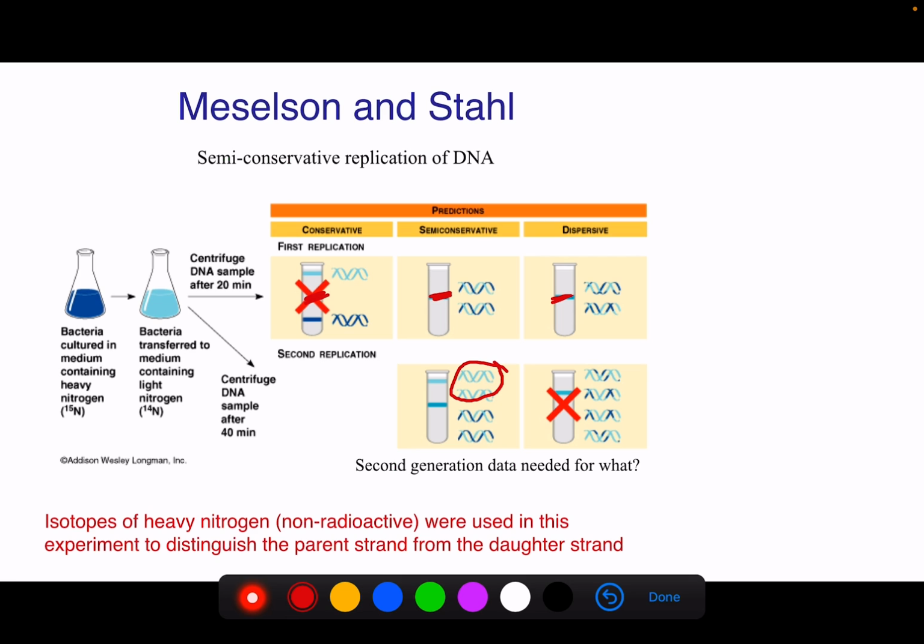One is the same as the band with the nitrogen of the medium, and the second is a hybrid band of the medium nitrogen and the original medium where the bacteria were grown. The dispersive should show only one band in all the cases, but this is not the case. So this is taken as semi-conservative. Isotopes of nitrogen were used. These are non-radioactive. These are heavy isotopes.